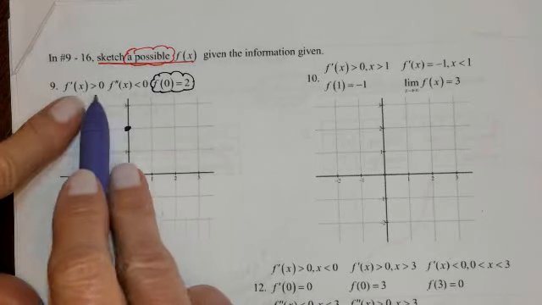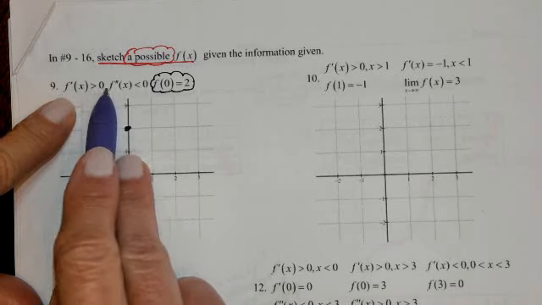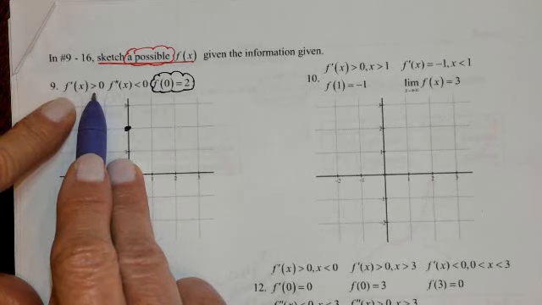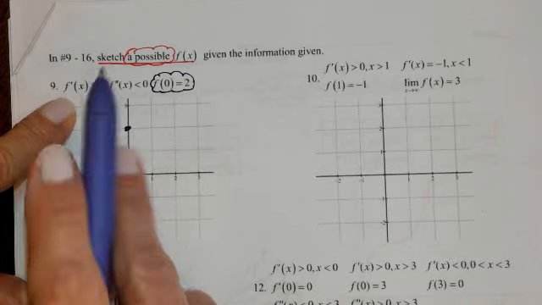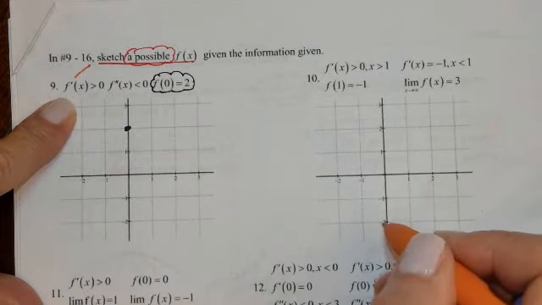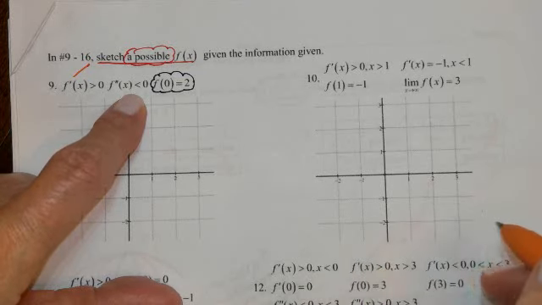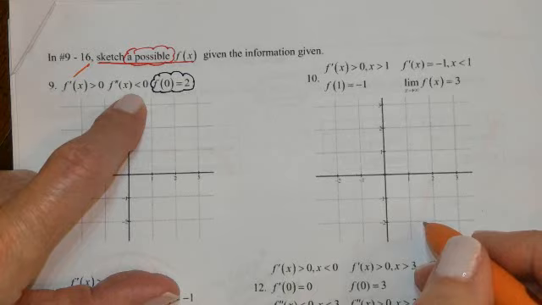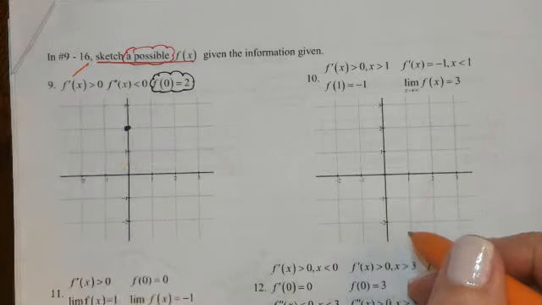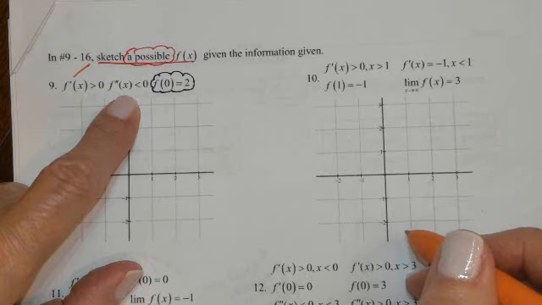Okay. Now they just say that f prime is positive. They don't give me an interval when f prime is positive, so I'm assuming that f prime is always positive. So f prime positive means the graph is increasing all the time. f double prime is negative. Again, they don't give me an interval, so I'm assuming it's always negative, so the concavity is always down, right?